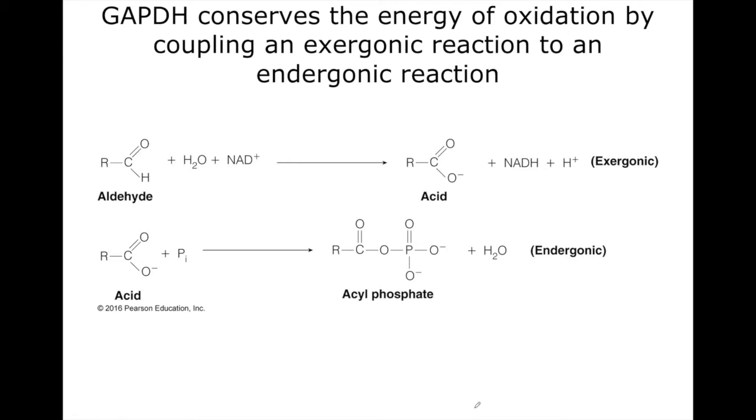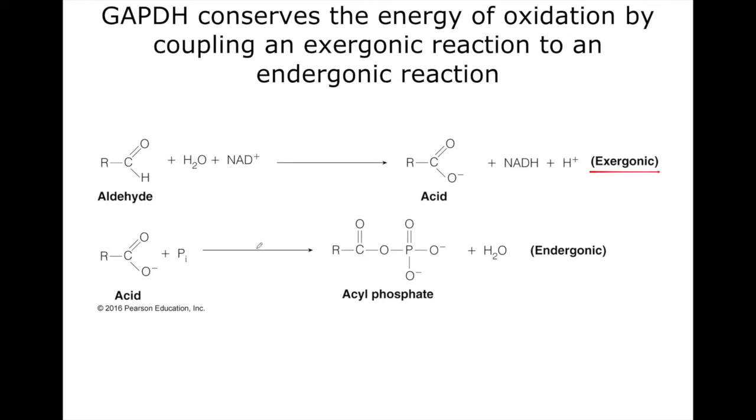Now, just to reiterate what we were talking about before, we have an aldehyde, and if we transfer a hydride over here to the NAD+, so the NAD+ is reduced, we form this in water. In the presence of water, we form an acid. Essentially, that's a very summarized version of what we were looking at before, but that's a very exergonic step.